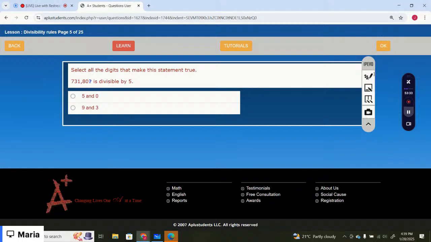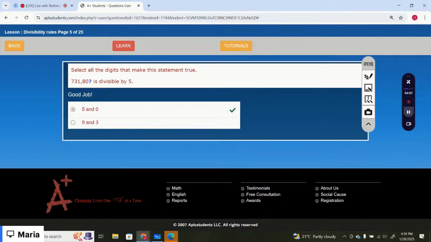So which number is the ones digit? The ones digit is either 0 or 5. If the number is divisible by 5, the ones digit is either 0 or 5. Option number 1 is the correct option.